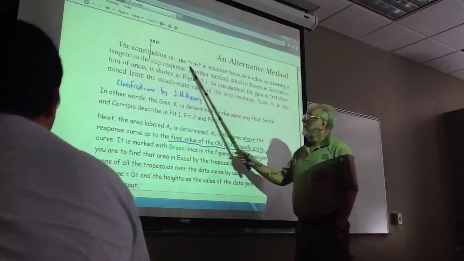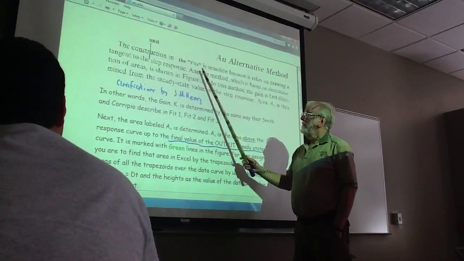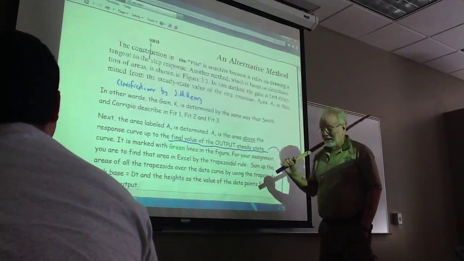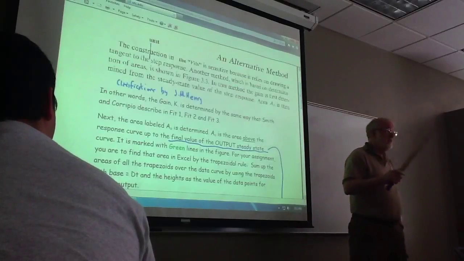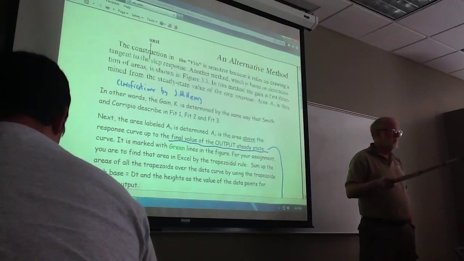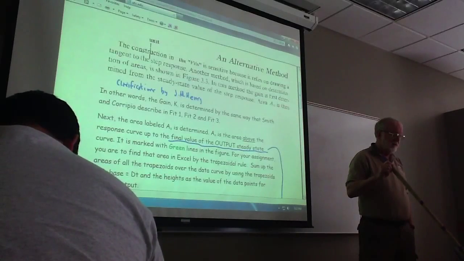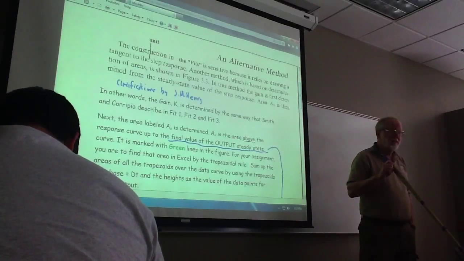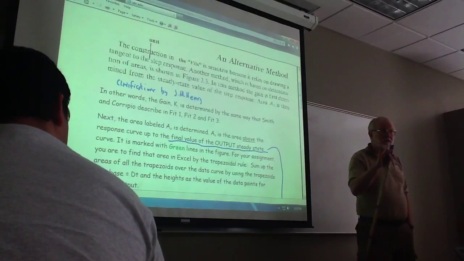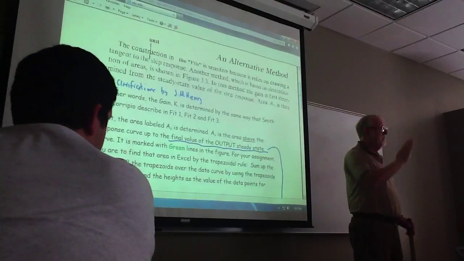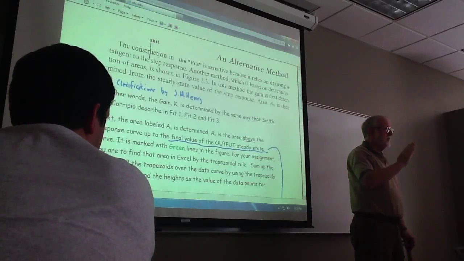By the way, the graphical method that you used for finding T0 and tau so far is subject to your drawing the tangent in a certain way.